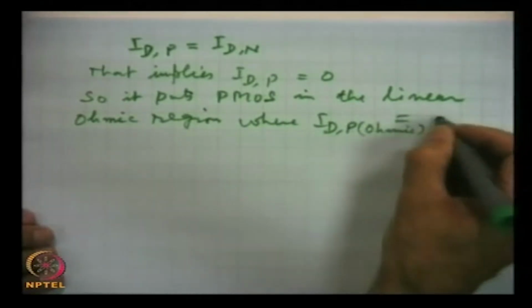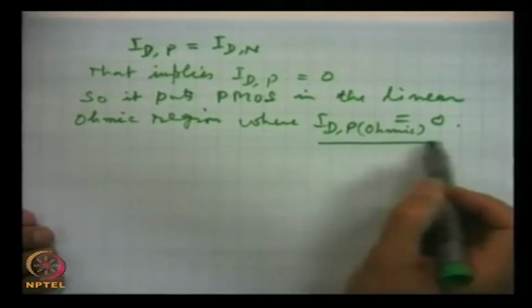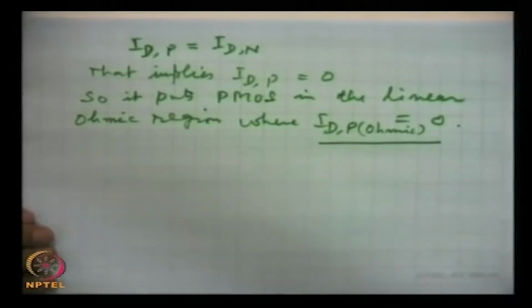Once we write the expression, which we discussed when we talked about the enhancement MOSFET, in the ohmic region the drain current is given by a certain expression. So, that we use here.